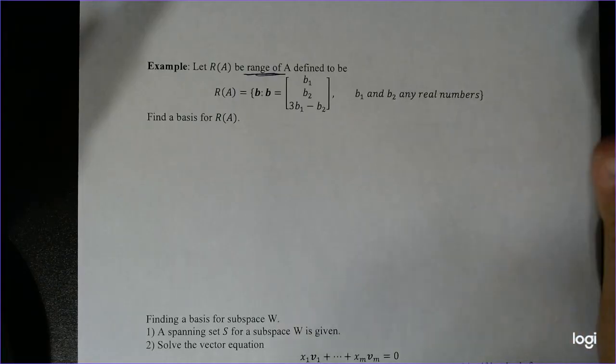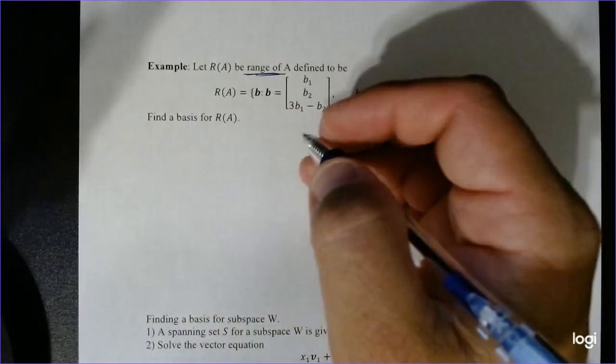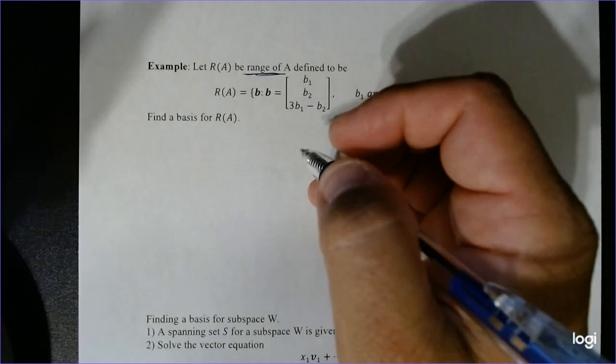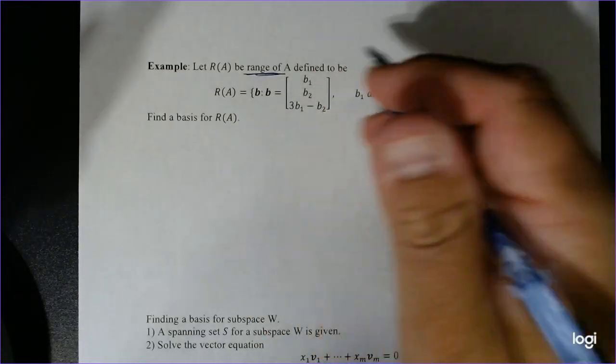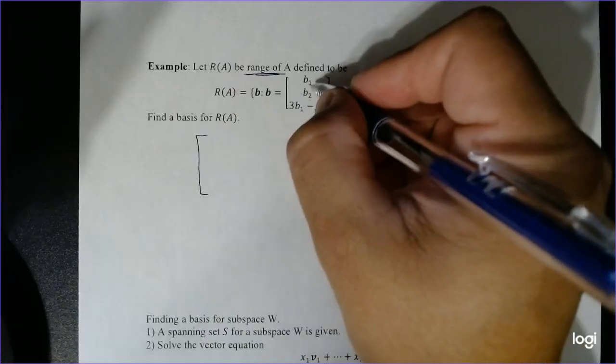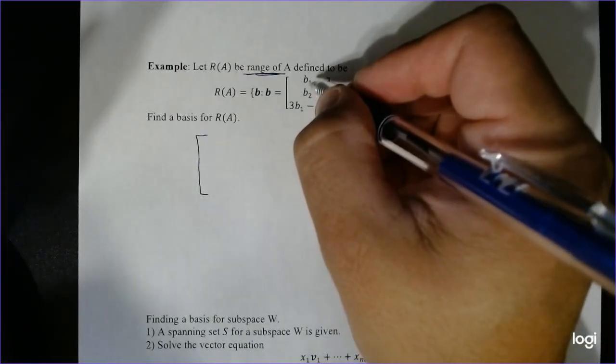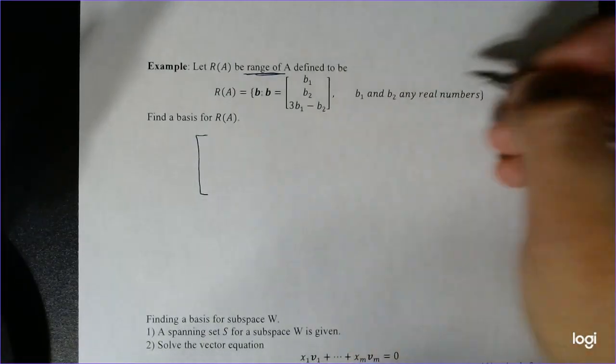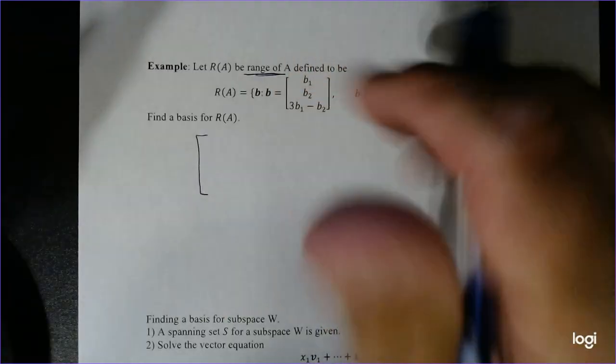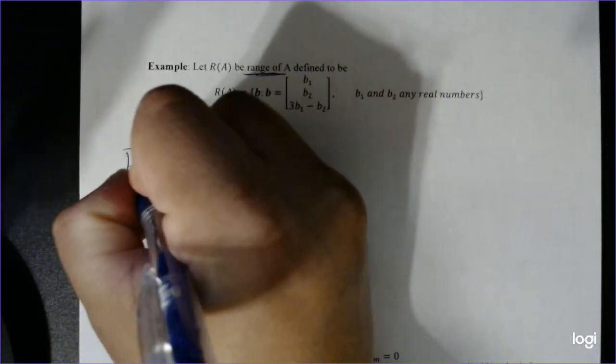Okay, so, well, let's check for linear independence. All right, so we have a bit of a situation here, right? So why don't we split this up a little bit before we do anything.